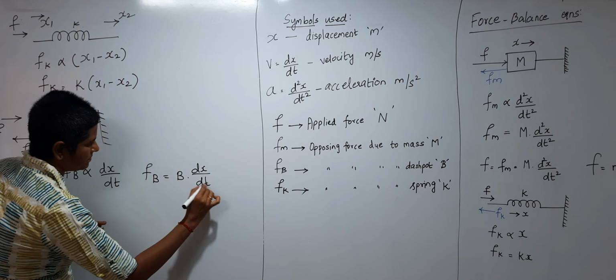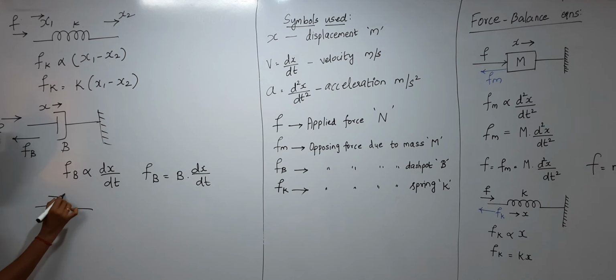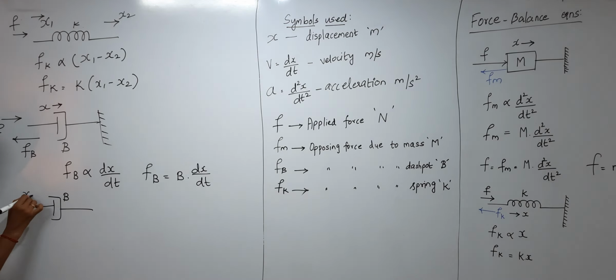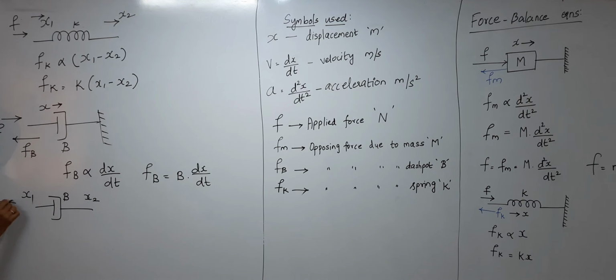by dt. Right. And finally, when the dashpot has displacement at both ends, just consider the dashpot B. Let the initial displacement be x1 and the other displacement be x2, and here this is the applied force F, and this is the opposing force given by Fb.